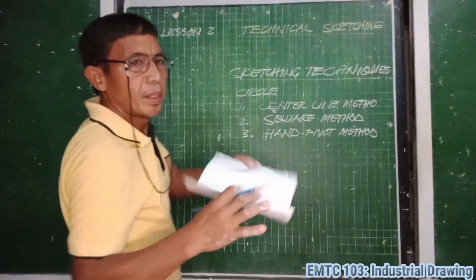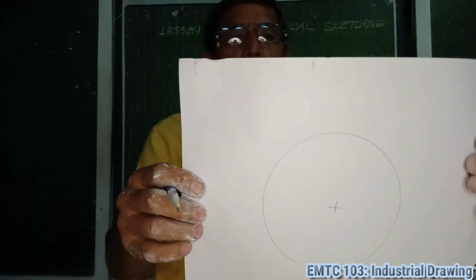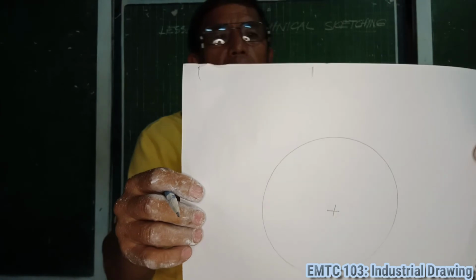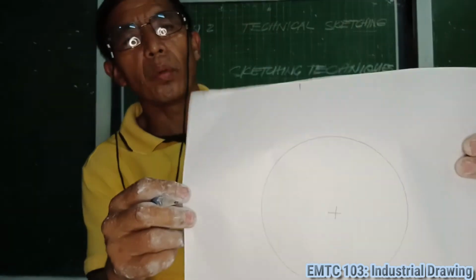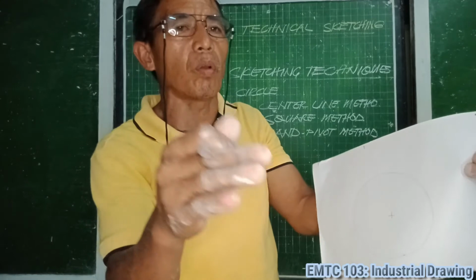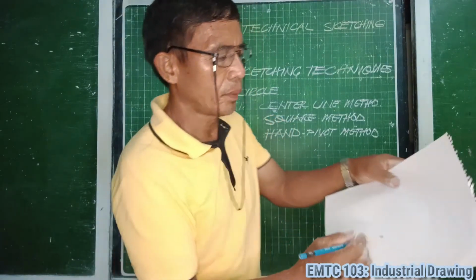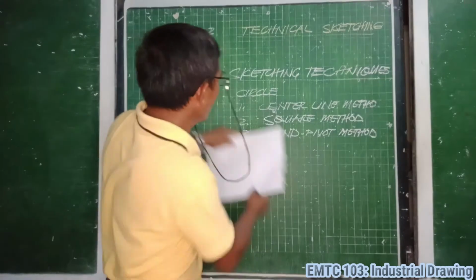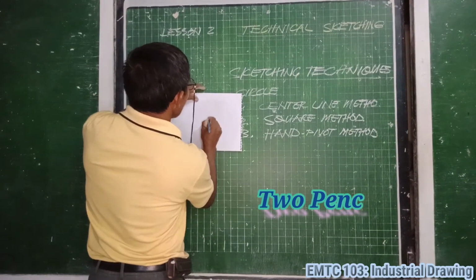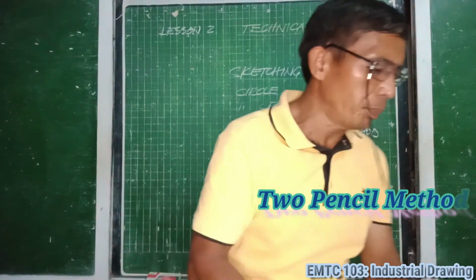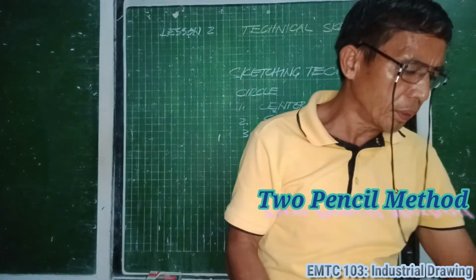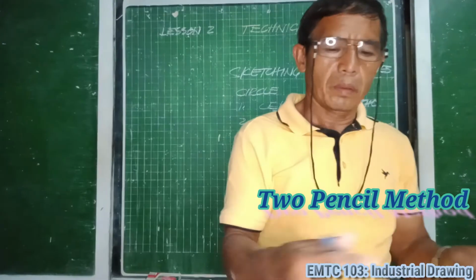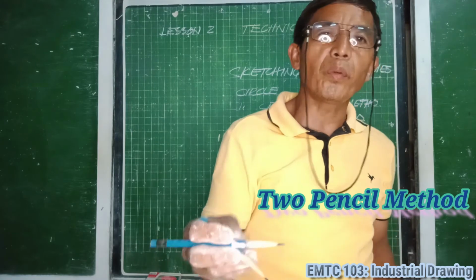Right now, this is the result of drawing a circle with the hand pivot method. Another is the use of 2 pencil points. So you can mark it. This is the center. Use 2 pencils, or you may use a ball pen without ink.